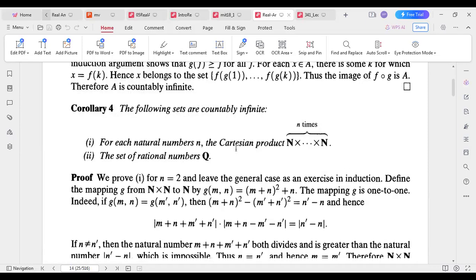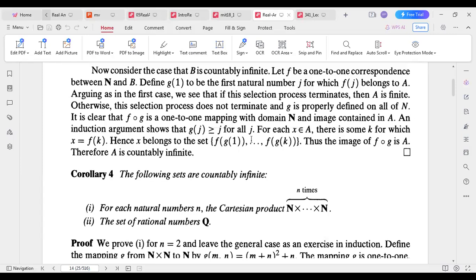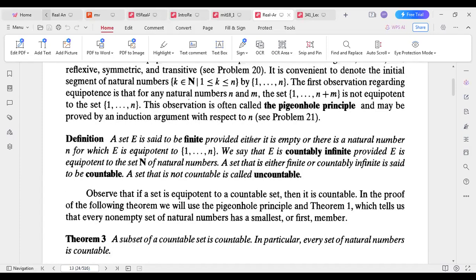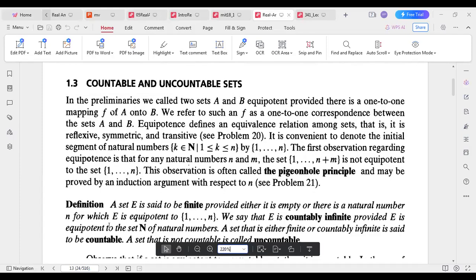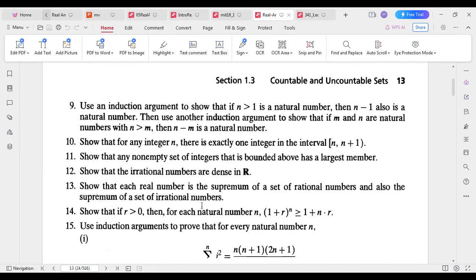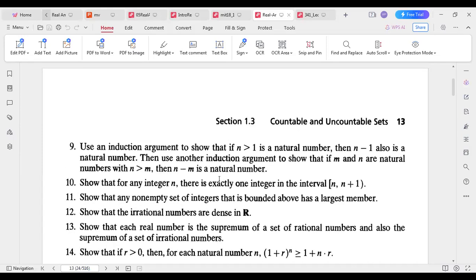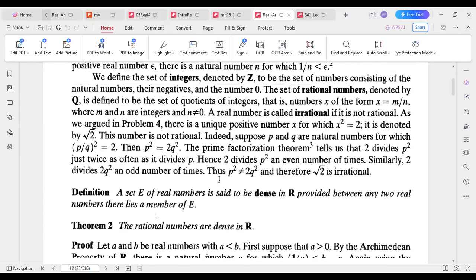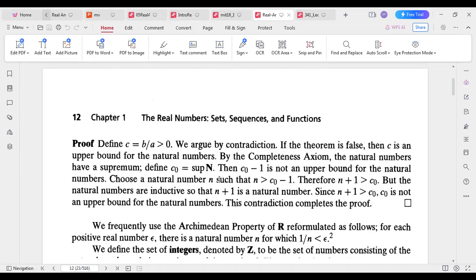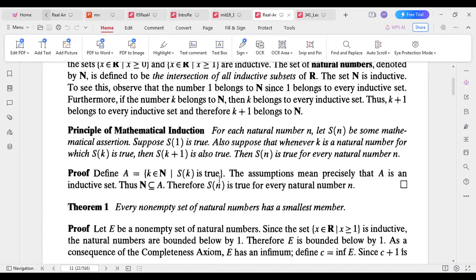And then countable sets and uncountable sets. A finite set is called countable and an infinite set is called uncountable. We have to remember this.